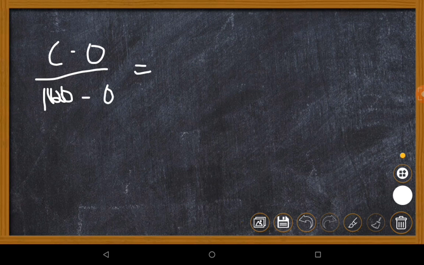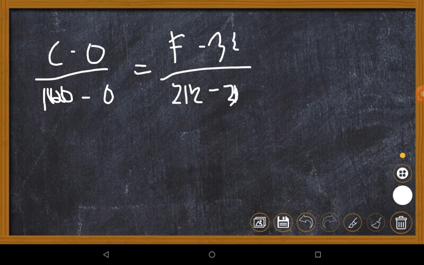So, in order to get the formula by ratio and proportion, Celsius minus its freezing point, which is 0 degrees Celsius, all over its boiling point, which is 100, minus its freezing point again, is equal to Fahrenheit minus its freezing point, which is 32 degrees Fahrenheit, all over its boiling point, which is 212 degrees Fahrenheit, minus its freezing point, 32.